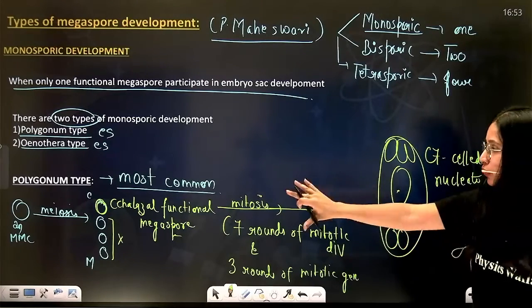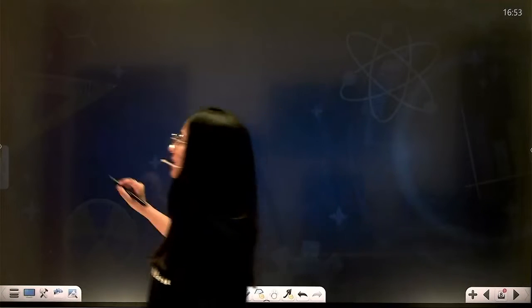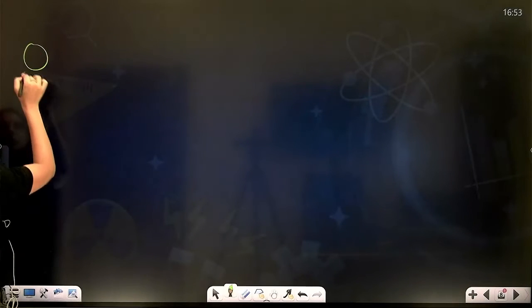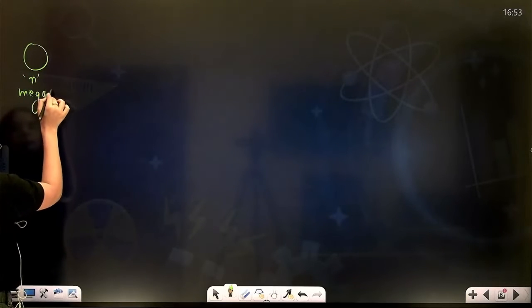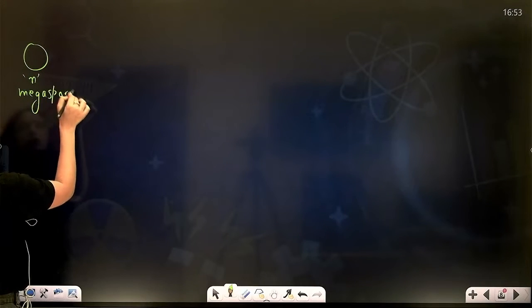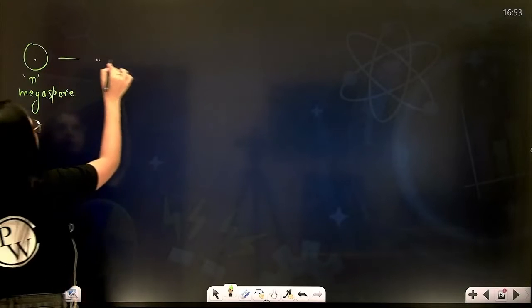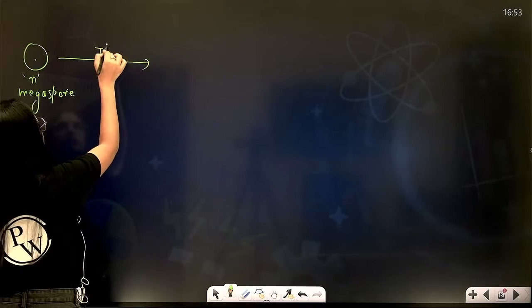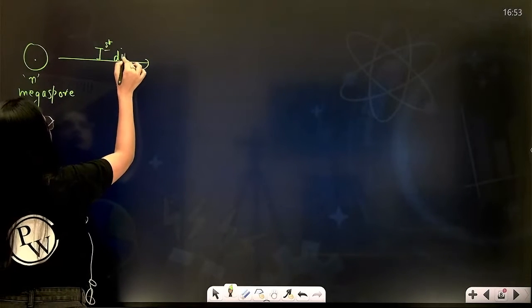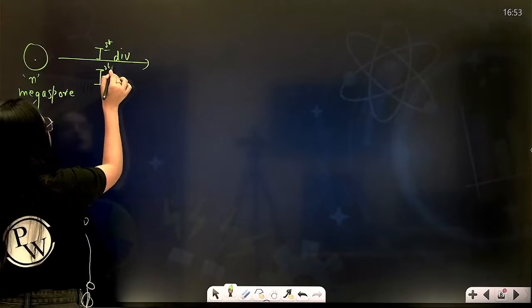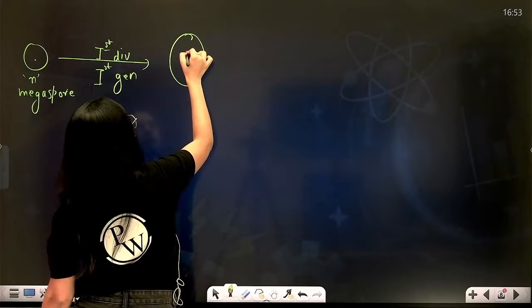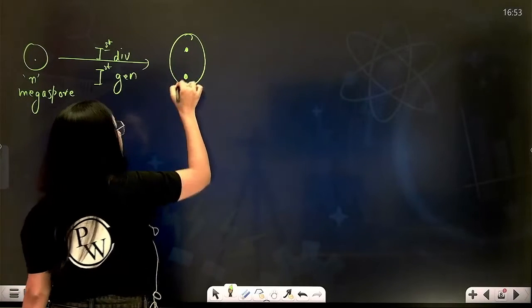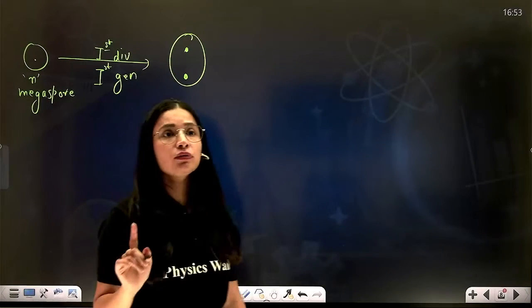Now let me show you how this is happening. So you are having one functional chalazal megaspore. What will happen? First, it is going to undergo division as well as first generation. So first division plus first generation. What is it going to produce? 2 nuclei. Initially it is free nuclear division.